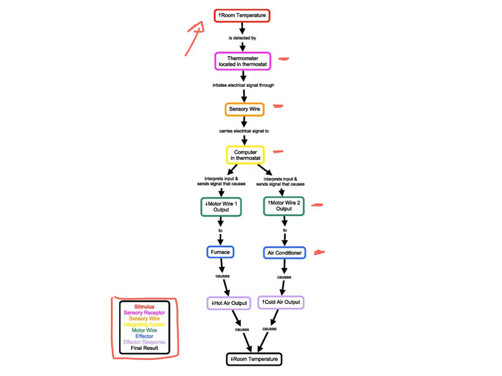So in this case, because we have an increase in room temperature, the integrating center has determined that what we need to do is turn the furnace off, okay? Turn the air conditioner on, okay? And what the effector response, okay, these are the effectors.